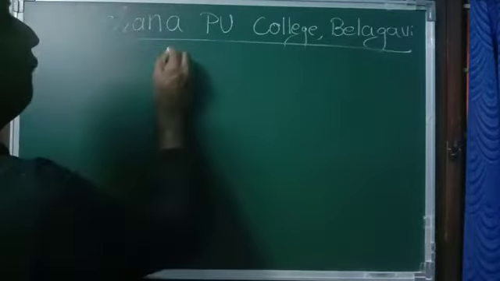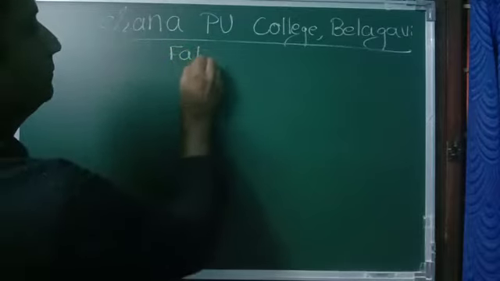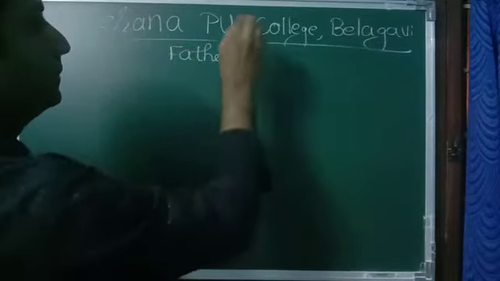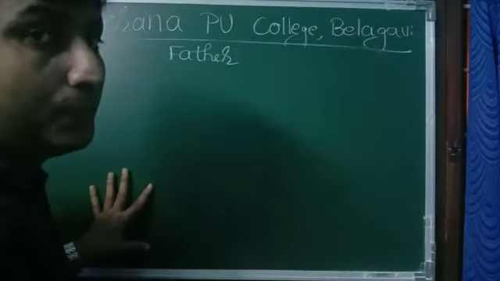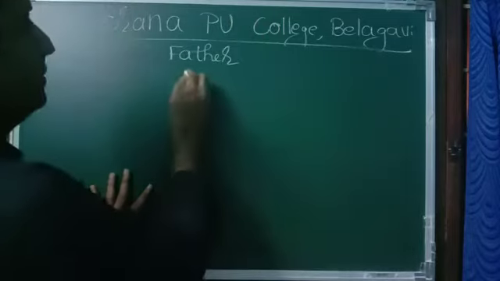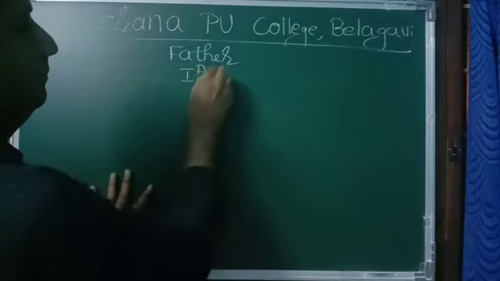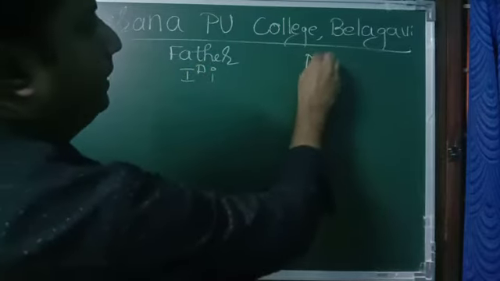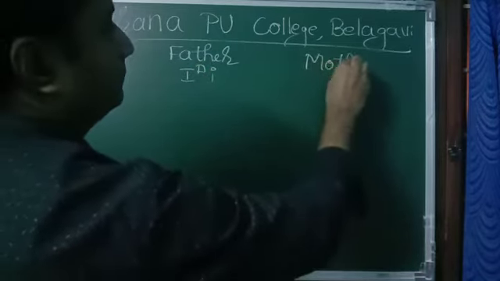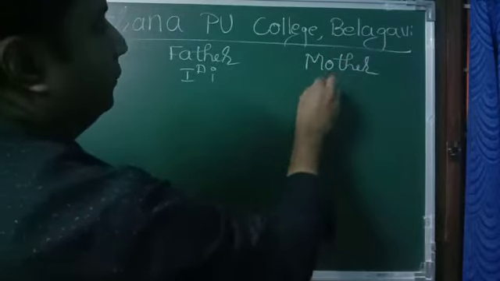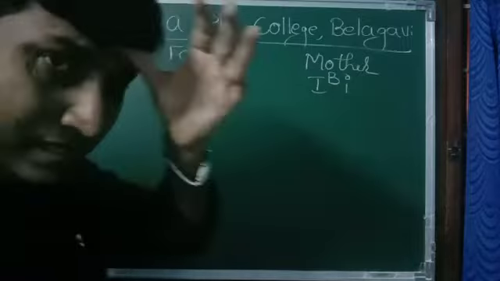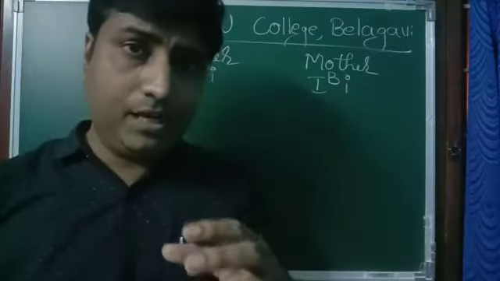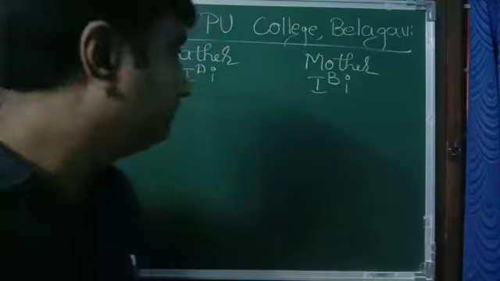Suppose father is, say, blood group A, heterozygous, and mother blood group B, heterozygous. Okay. Now let us see what will be the blood group of their children.